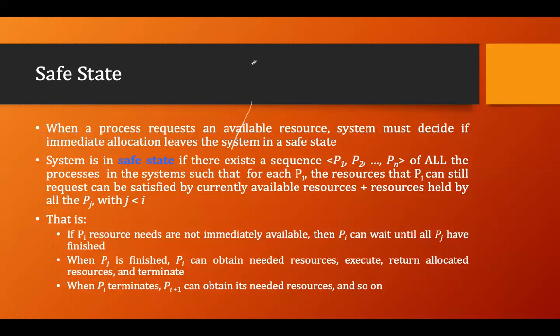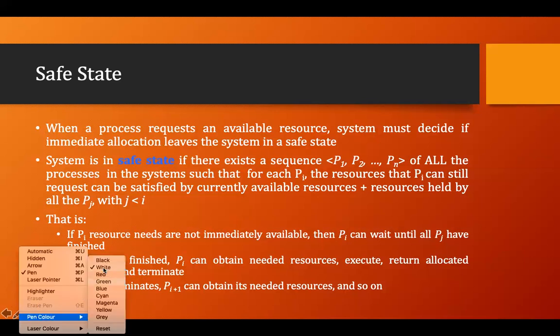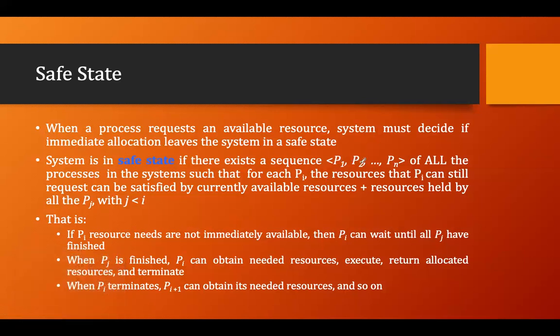So let's say there are processes P1, P2, Pn. P1 is the older one, right? P2 is also older, P3 is also older. Let's say P5 came. So P1 to P4 are the older ones.